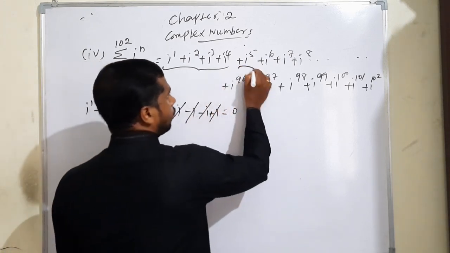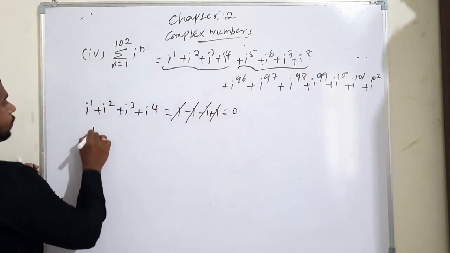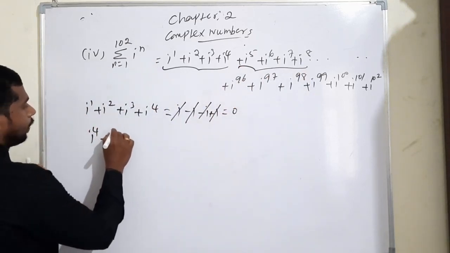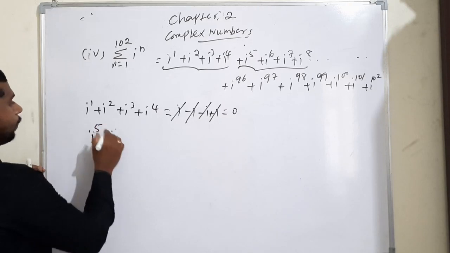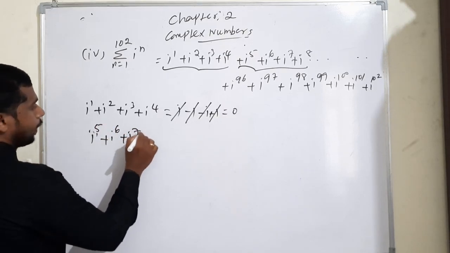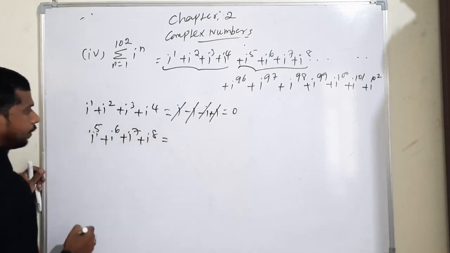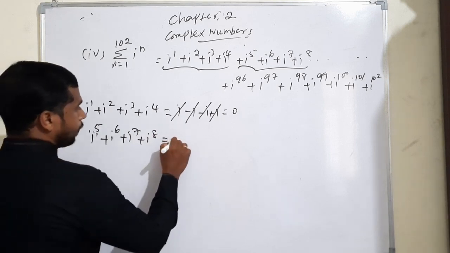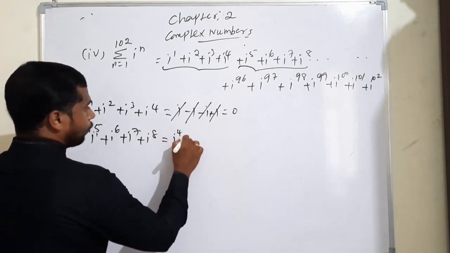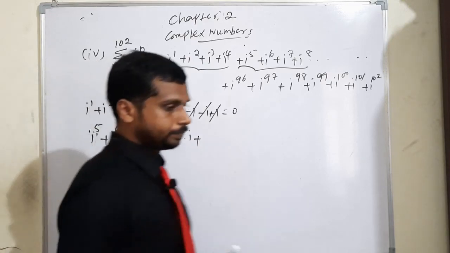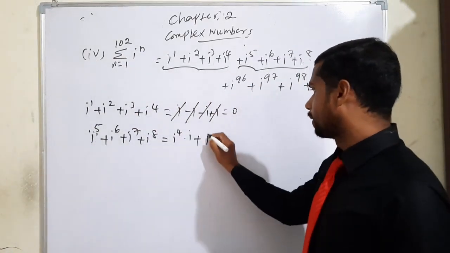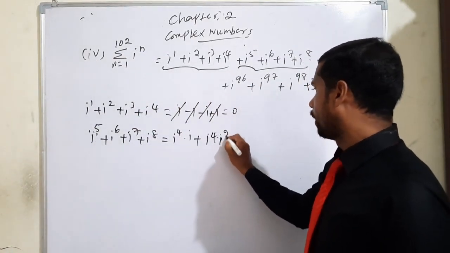The next 4 terms, what will happen? i power 5, i power 6, i power 7, i power 8 is equal to, how to split it? i power 5 is i power 4 into i. i power 6 means i power 4 into i square.